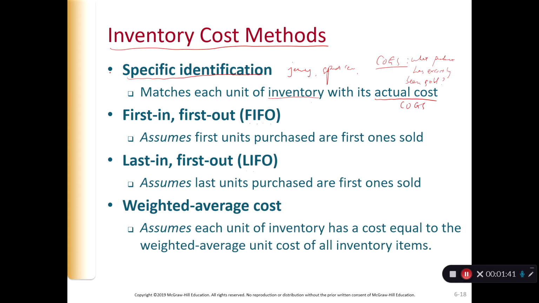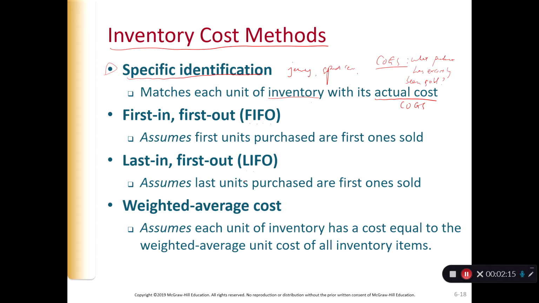However, not everybody has the luxury of being able to trace so much volume. For example, if you go to Walmart, nowadays the electronic system is likely to use the specific identification method. However, not everybody can afford such a powerful computer system. So a lot of retail stores are still choosing between first in first out, last in first out, or weighted average costing.